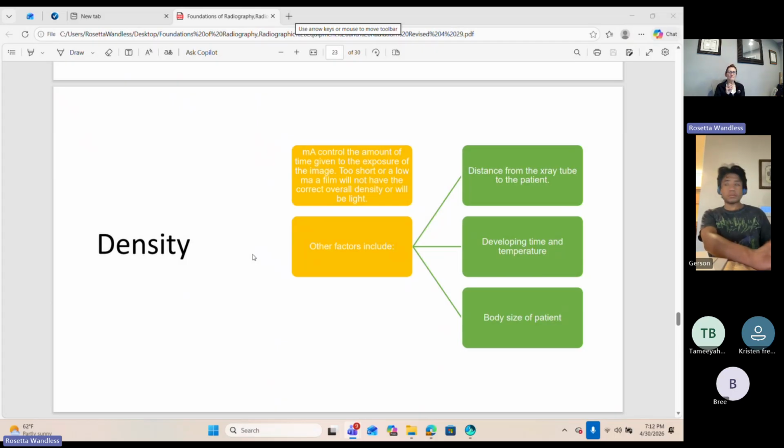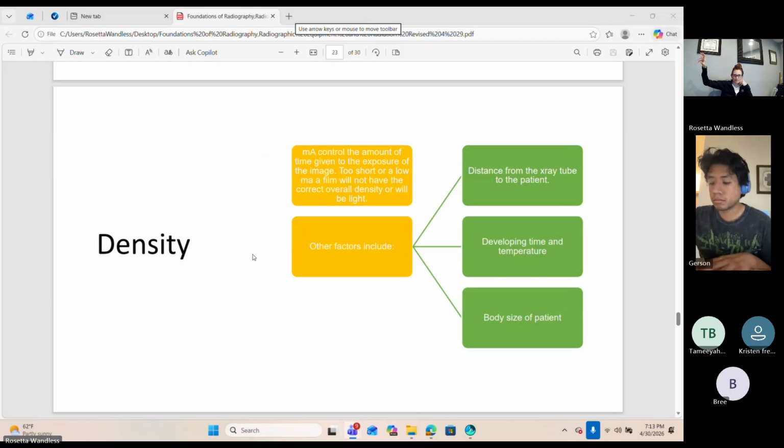So guys, this is important, I just want to highlight this. kVp controls contrast. Milliamperage, or MA, controls density, the overall darkness.